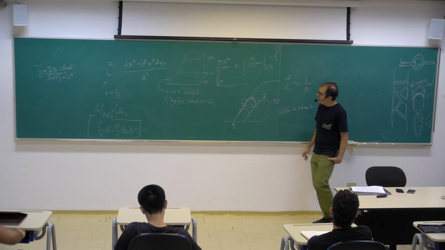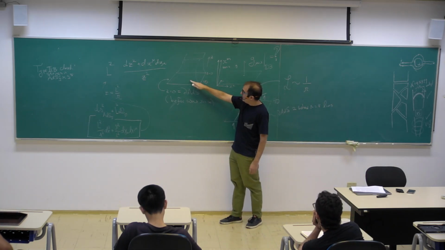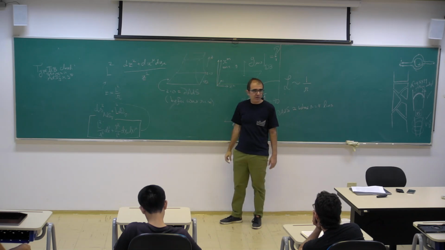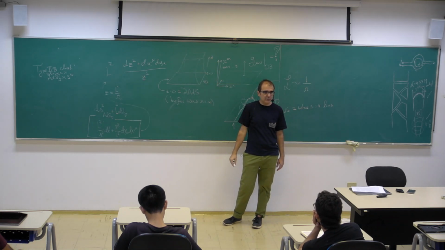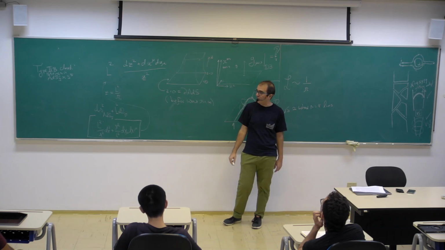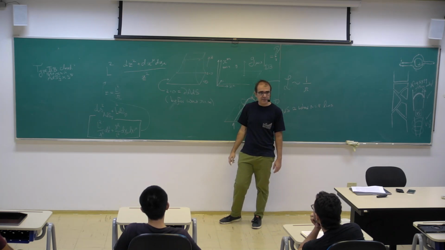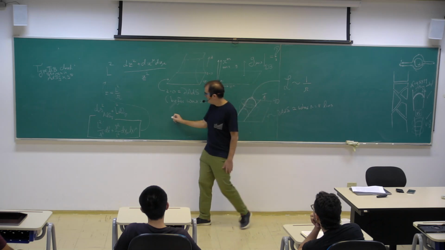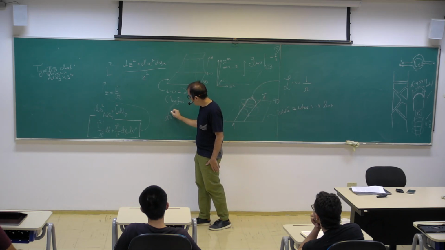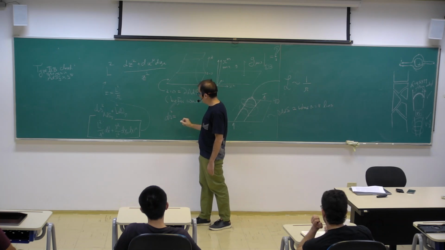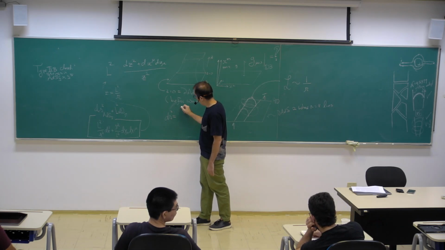So let me conclude by saying, we saw that ADS is a sequence of a flat space. There is another way of writing ADS, which is that ADS, the very same ADS, is equal to a hyperboloid.